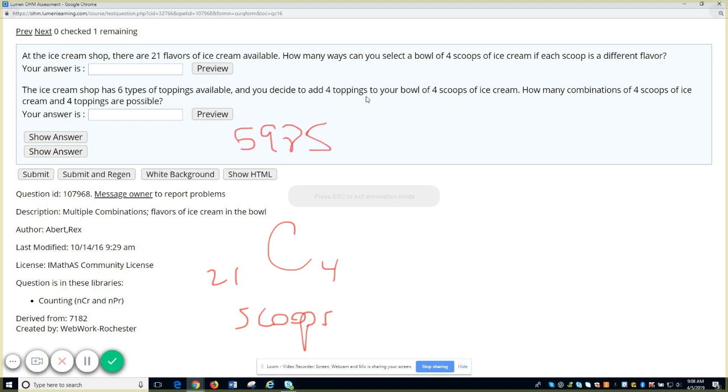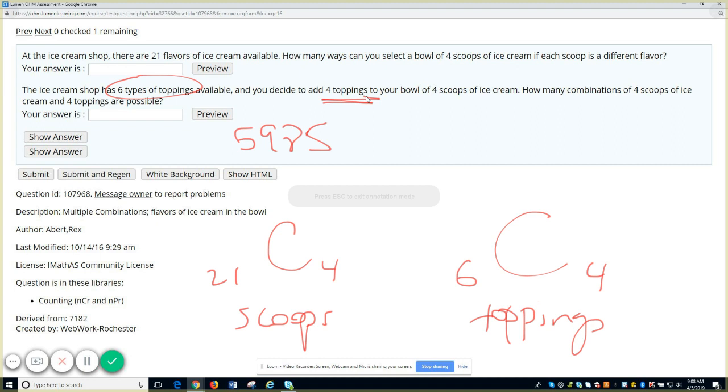But now we have to figure out the count of toppings. We're also choosing 4 toppings, but out of 6 available ones. And once again, the problem doesn't imply that you care about counting the different reorders of those toppings. So therefore, it's a combination of toppings, 4 toppings out of 6.